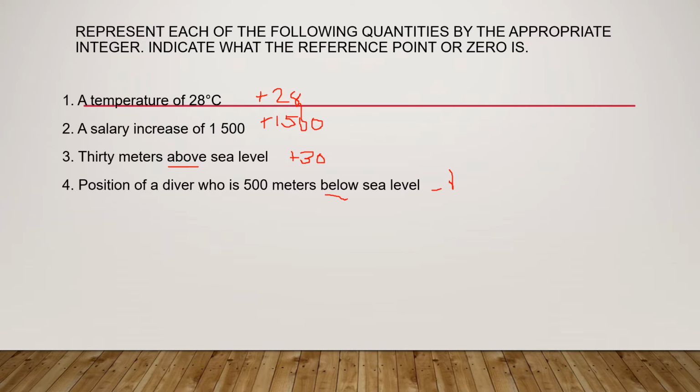negative 500. Right? Number 5, an increase of 1.50 in gasoline, that is positive 1 peso and 50 centavos.